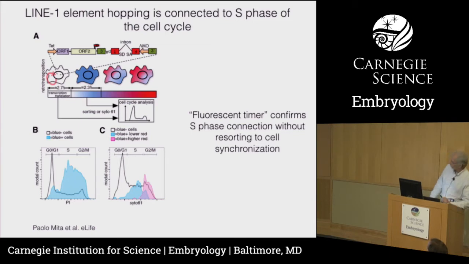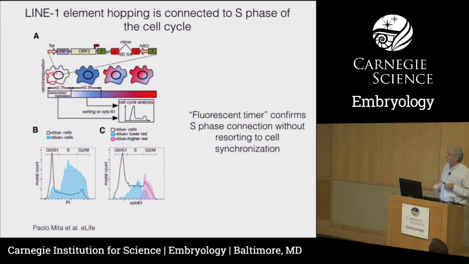So Paolo's really great idea was to employ this very useful tool called the fluorescent timer, which is a GFP protein that starts its life out, the first 2 to 3 hours of its life, as a blue fluorescence, and then it transitions to a red fluorescence fairly rapidly after that.